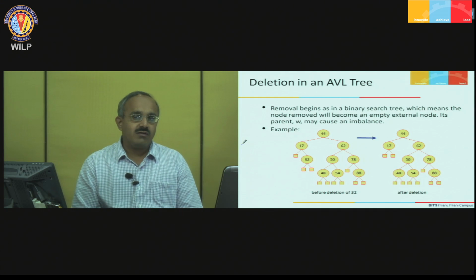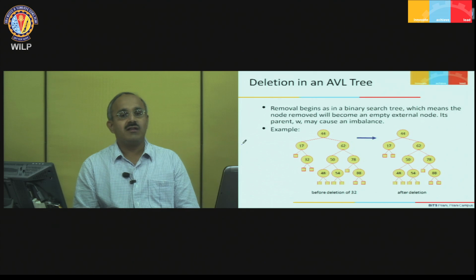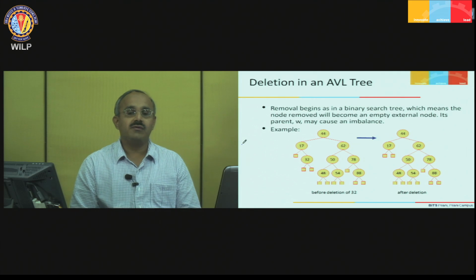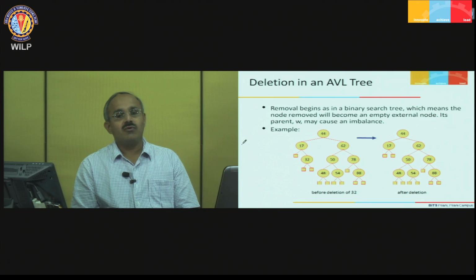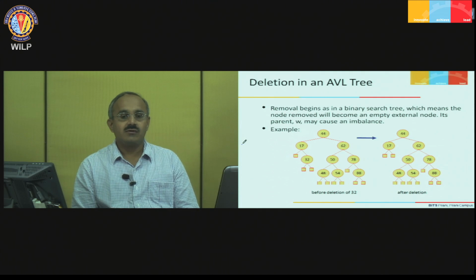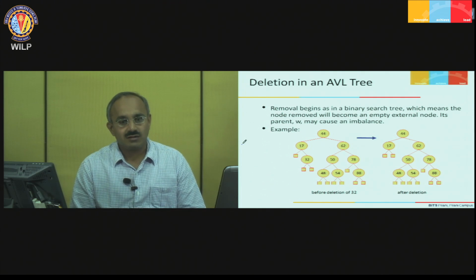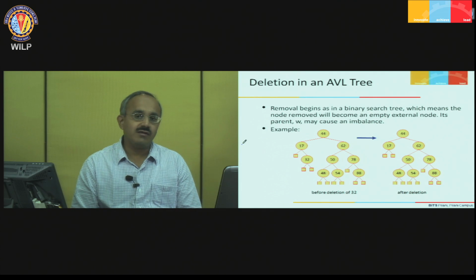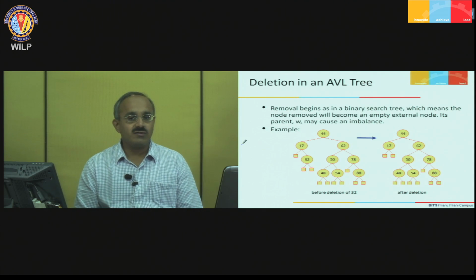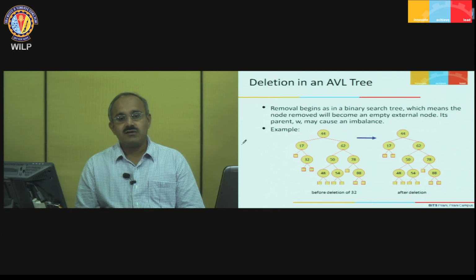So, we would delete as we would have deleted in a binary search tree. That would mean we are going to delete always a node at the last level. So, deletion, as you recollect, in a binary search tree always happens at the last level.